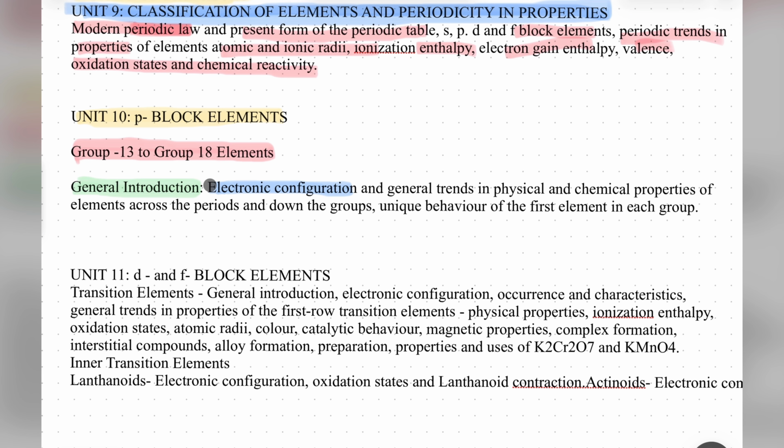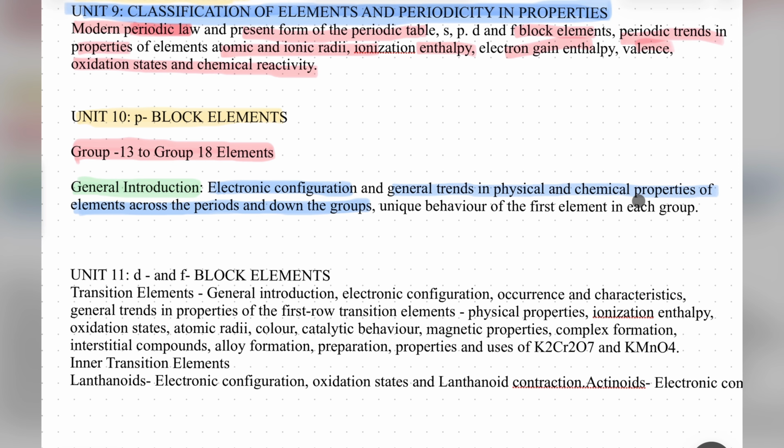So 6 groups means compulsory electronic configuration of any element will be asked in any group. Don't forget. And general trends, that is physical properties and chemical properties of elements across the period and down the group. You see, what is asked is trends in physical and chemical properties of elements.